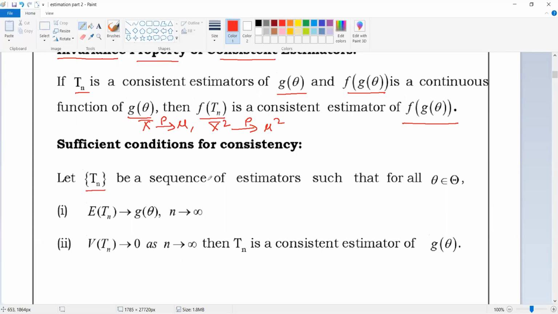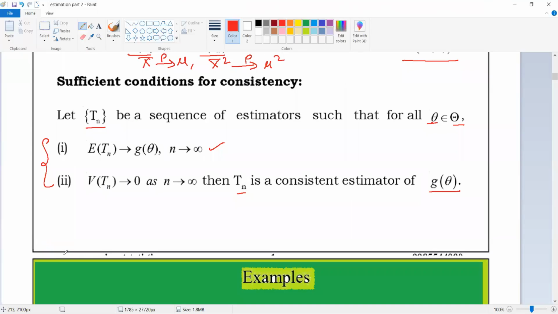Let Tn be a sequence of estimators such that, for all theta belonging to the parametric space, first, the expectation of Tn tends to g of theta as n tends to infinity. Second condition: the variance of Tn tends to 0 as n tends to infinity. Therefore, Tn is a consistent estimator of g of theta. When these two conditions are satisfied, we can say that Tn is a consistent estimator of g of theta.